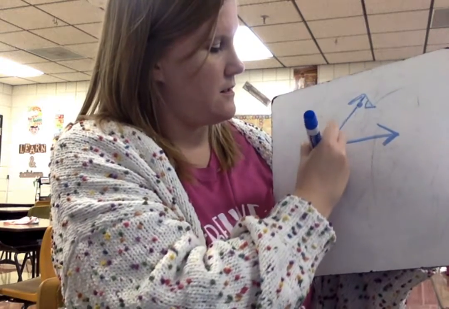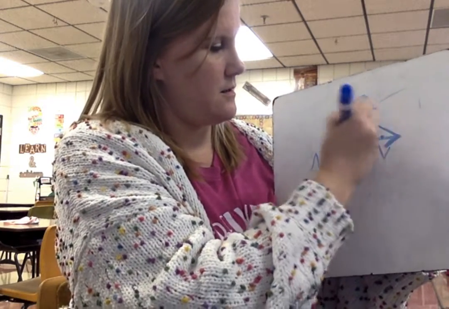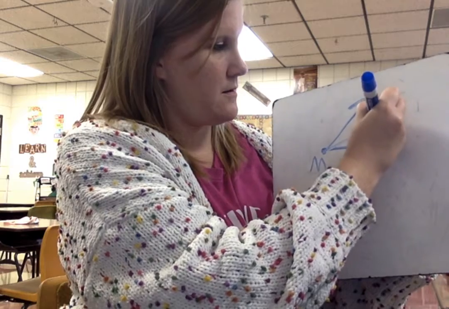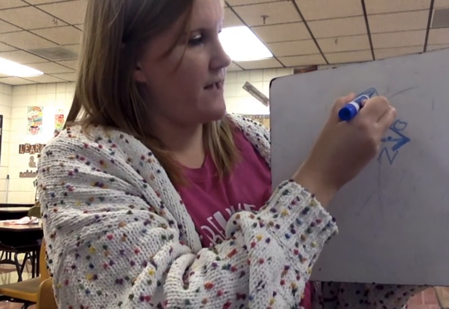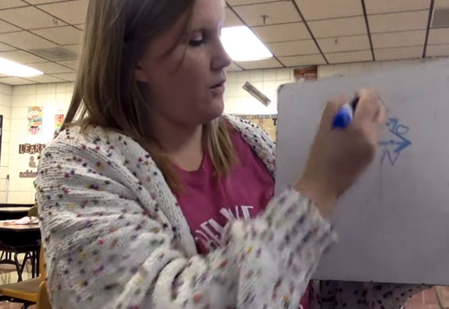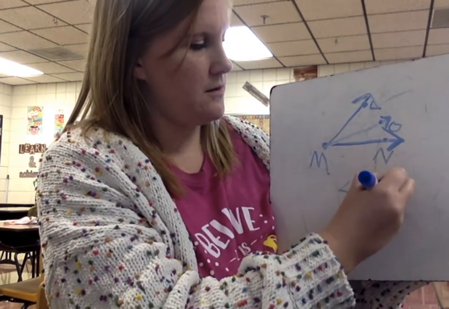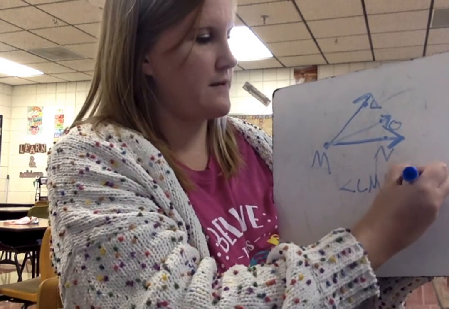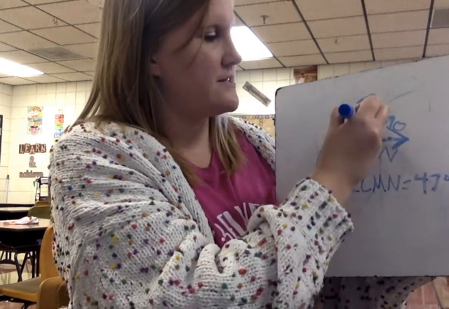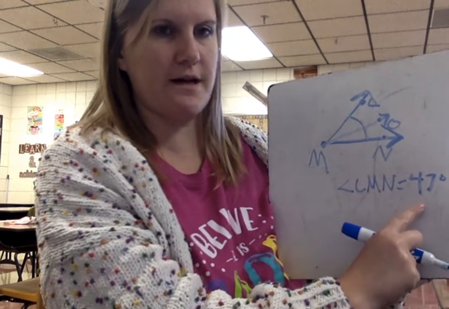L, M, N, O. Okay, so say we have angle LMN, this whole angle, and it measures about 47 degrees. That's what it looks like to me. This whole thing measures 47. Hope you can see.